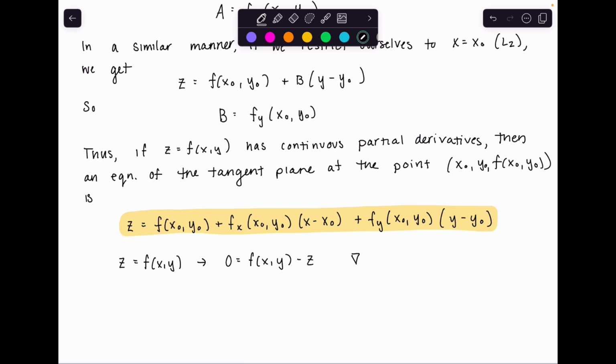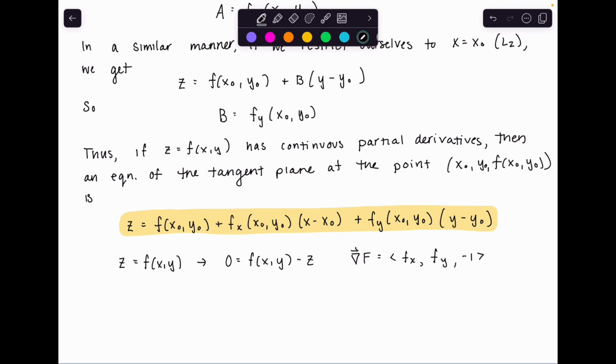So the gradient vector here would be the partial with respect to x, the partial with respect to y, and then the partial with respect to z would just end up being -1.